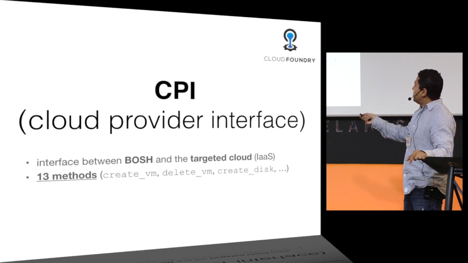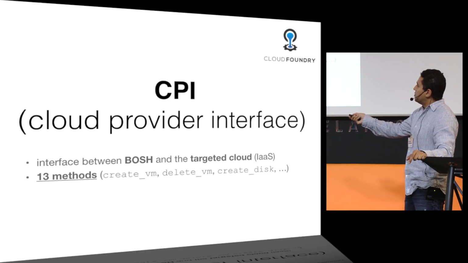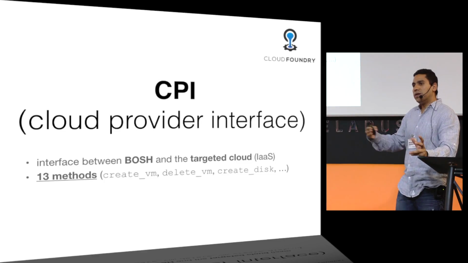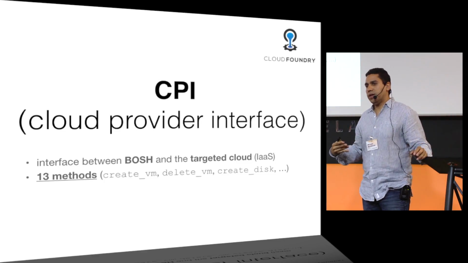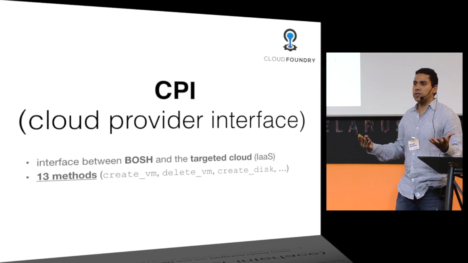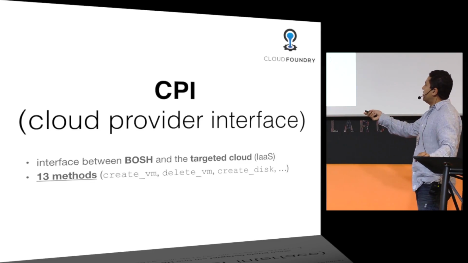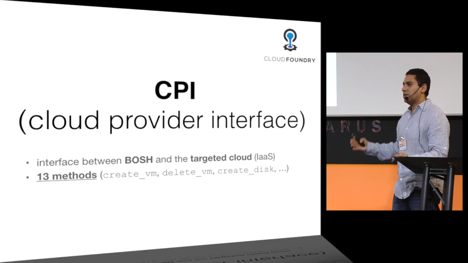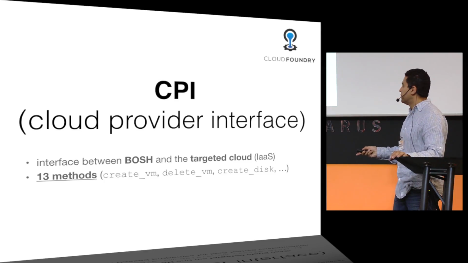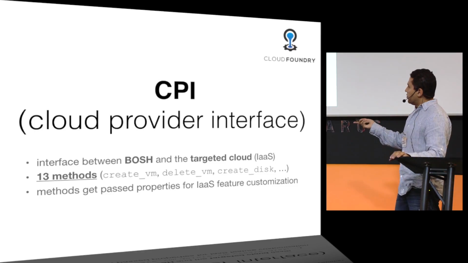The way you implement a CPI is you have to implement something like 13 methods. So there's a clear interface between the director and the CPI. You have to implement those methods, and that's pretty much it. Things like create VM, delete VM, create disk, attach disk, delete disk, detach disk, that's pretty much what you're implementing. For each one of those methods, there are properties.